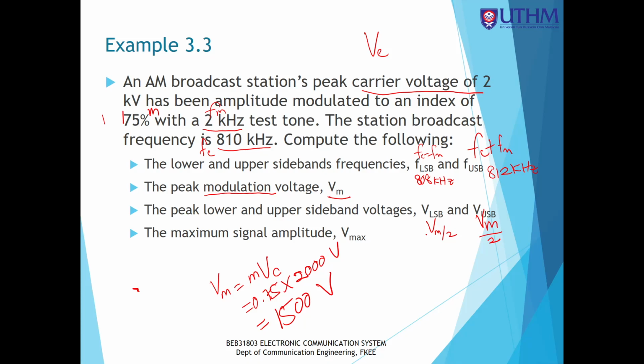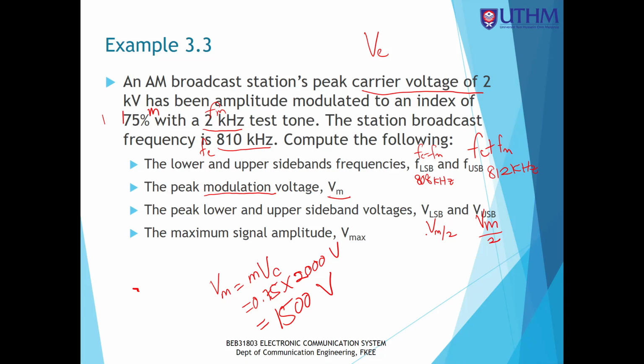Okay, so therefore, when we want to find the total effective power, before that we need to calculate the first question asked, total effective power. Okay, so since we have all the power components, PC, we have PUSB, we have PLSB. So power total is equal to PC plus PUSB plus PLSB.